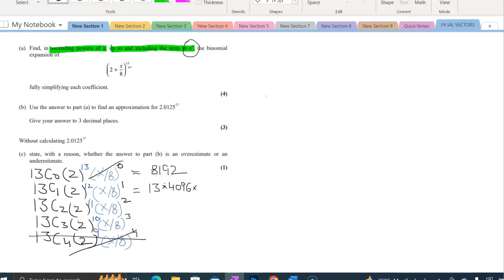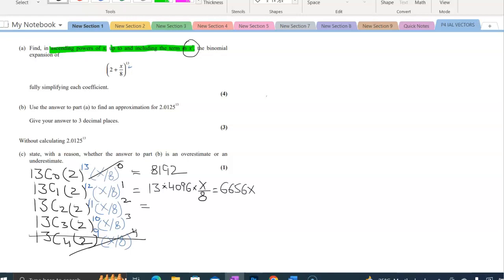And this is x over 8. So if you calculate, this is going to be 6656x.